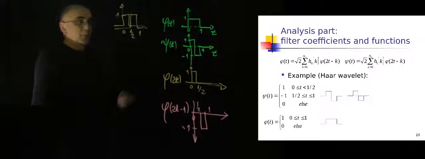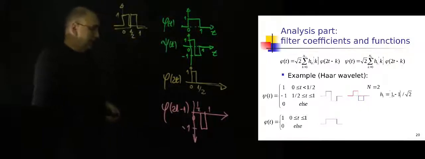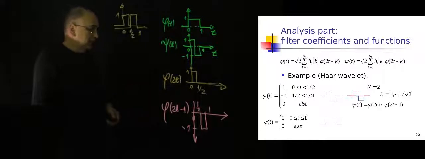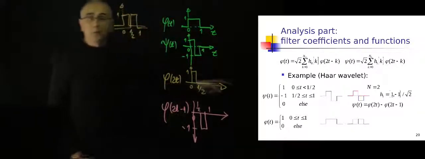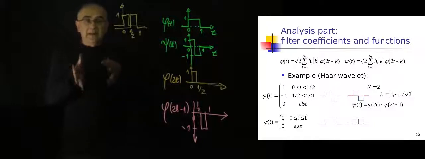And of course I can even construct the scale from two guys. So my coefficients are actually 1 over square root of 2 and -1 over square root of 2. And of course, the sum on the right hand side has only two addends.